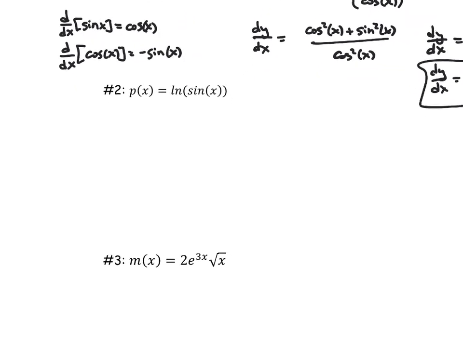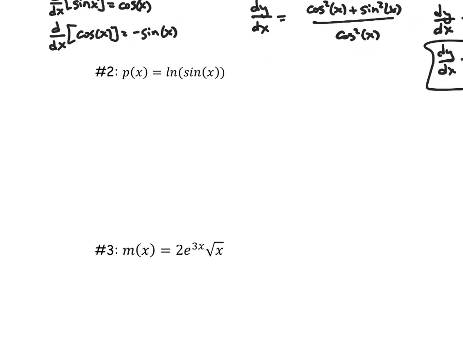All right, let's use a little chain rule here for number 2, p of x. So how do I know I'm using chain rule? Well, I've got one function nested inside another function. So let's look at the chain rule itself. What is the derivative of f of g of x?